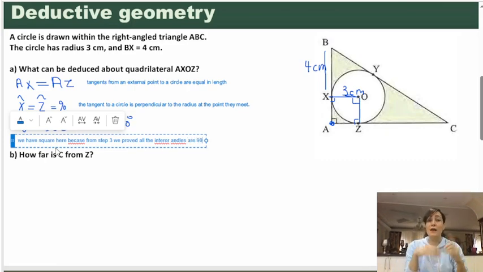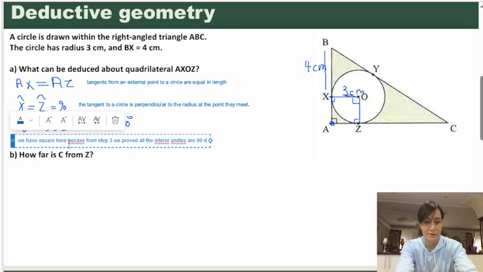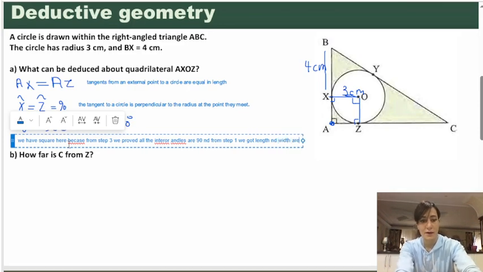And from step 1 we got length and width are equal.